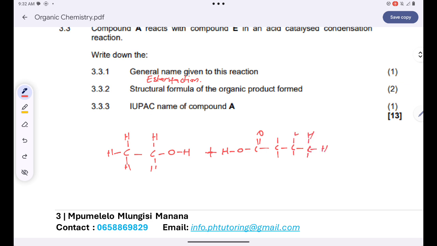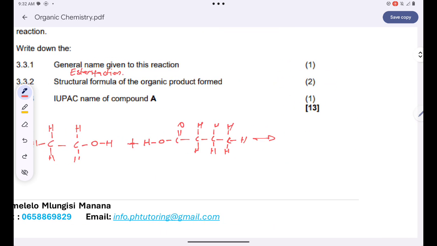Write the H's over there. This will give us an ester, guys. Remember that the acid that we use is concentrated sulfuric acid.